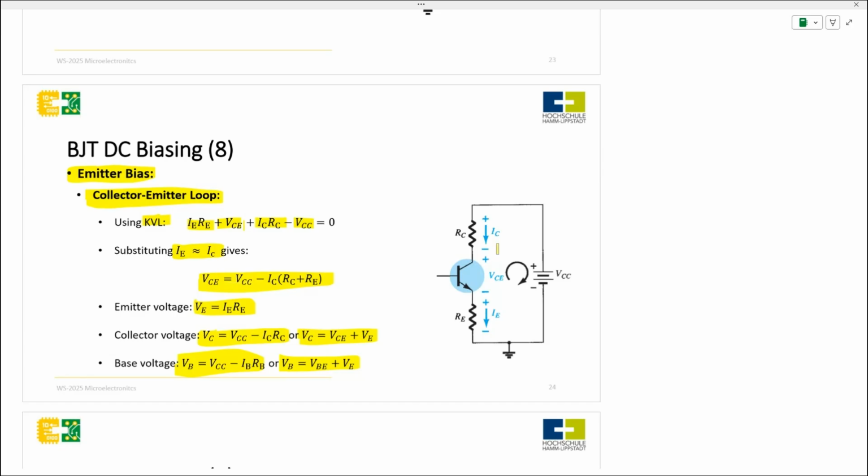So you're wondering what is this? VC, from this one, you can find all of these.